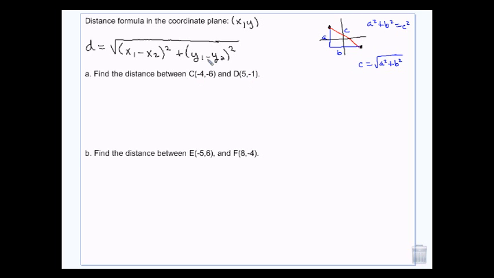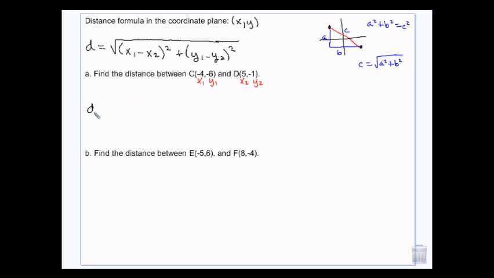To find the distance between these, you label them x1, y1, and x2, y2. And it doesn't matter. These can be x2, y2, and this could be x1, y1, or vice versa. The only thing you can't do is put a 1 and a 2 in the same parentheses. So be really careful with that. They're both 1s or they're both 2s.